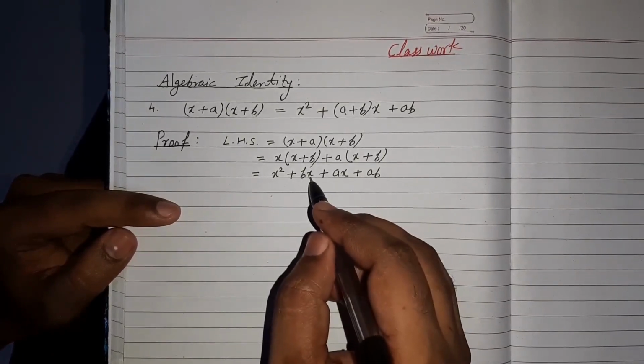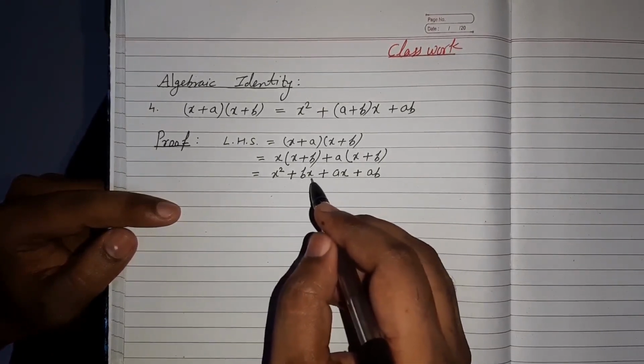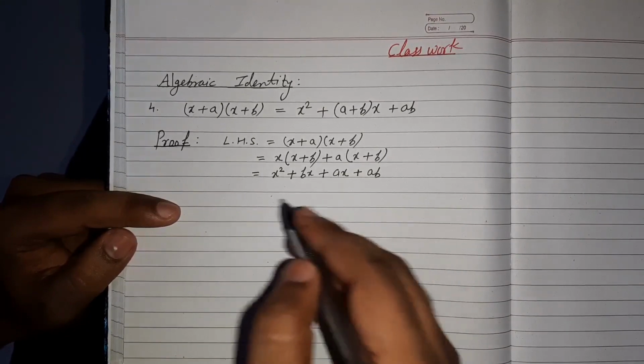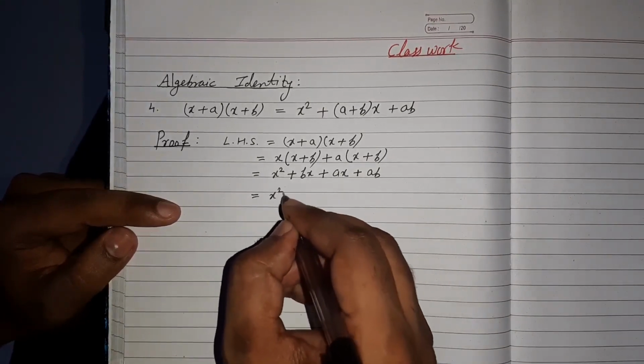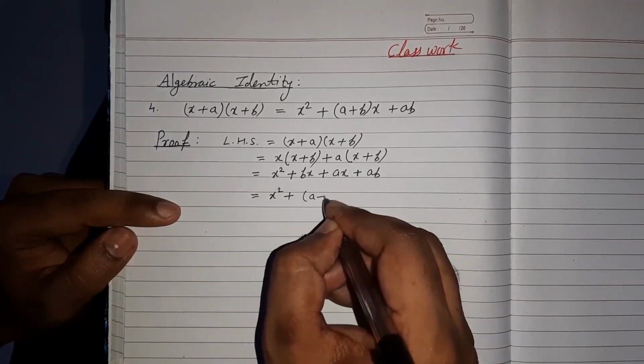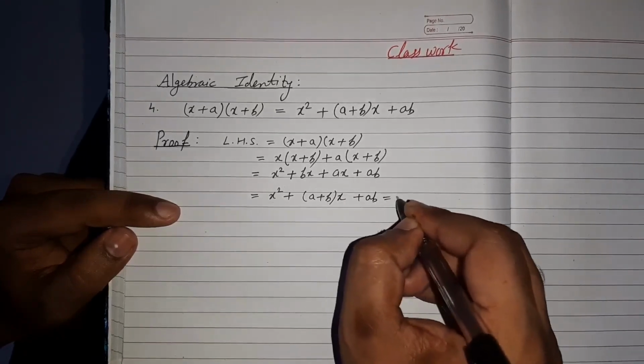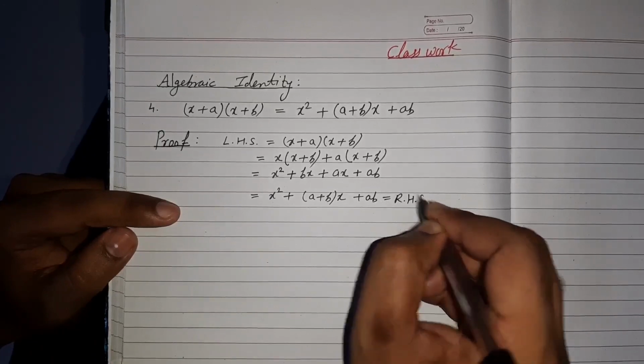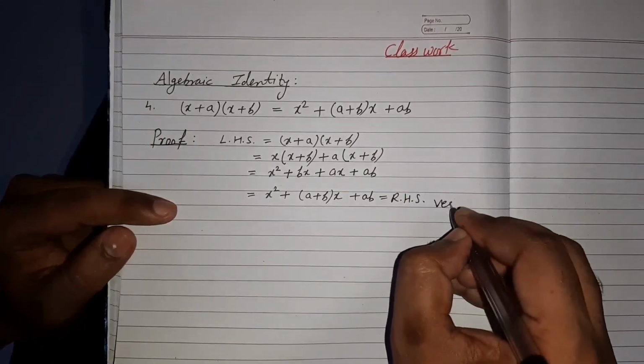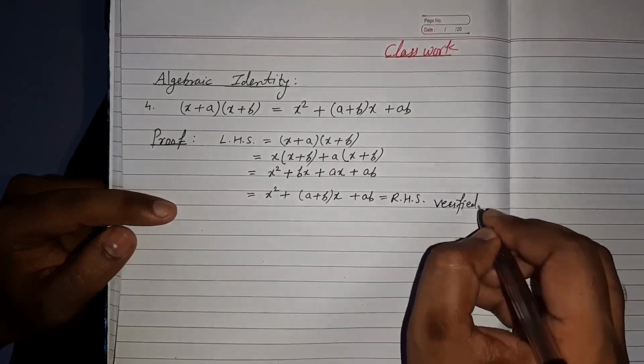So we can take x common in the second and third terms, so it will be x² + (a + b)x + ab, which is equal to the RHS of this equation. So the result is verified.